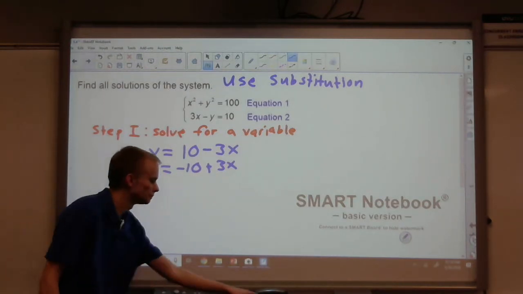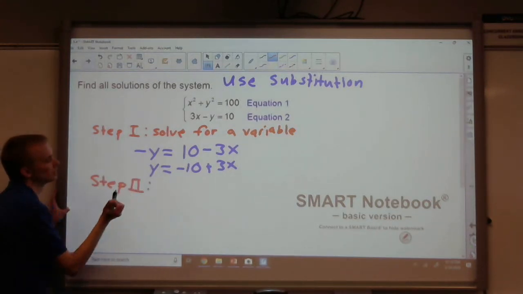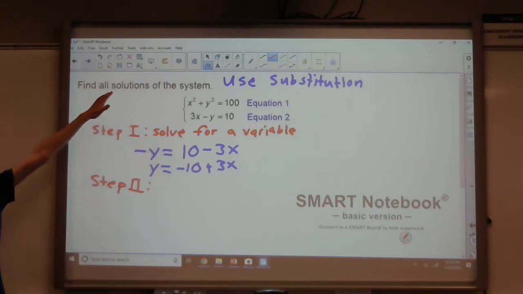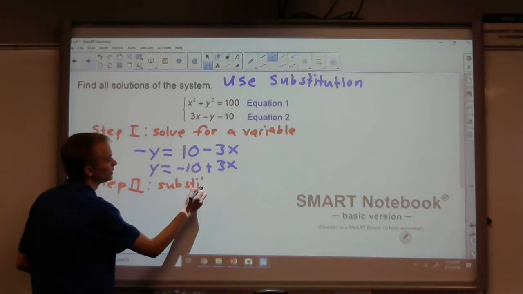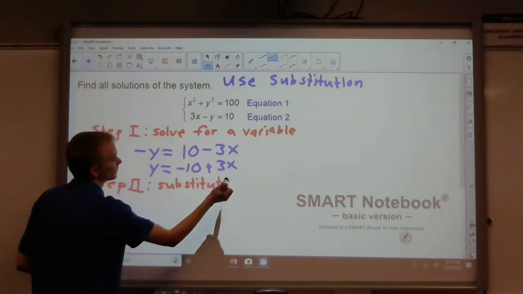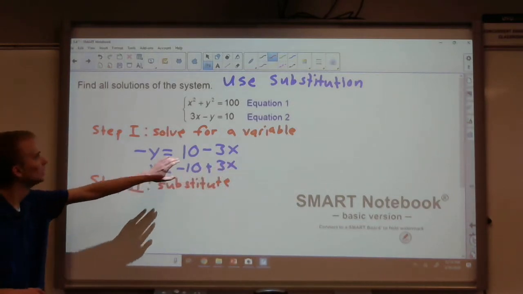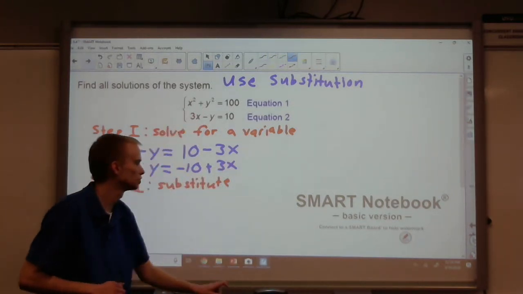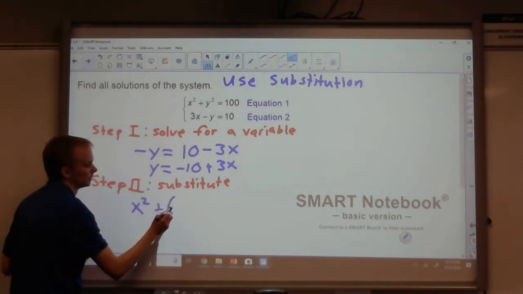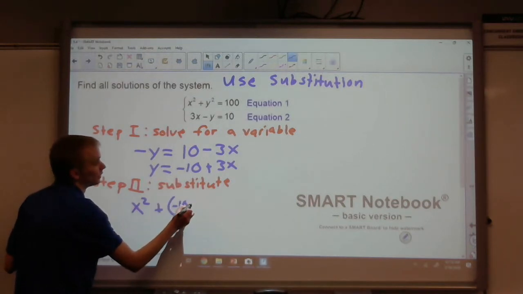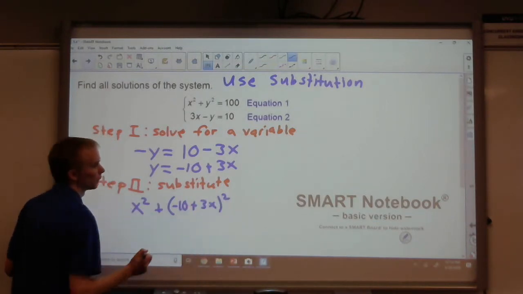Then what I'm going to do, step 2 was to plug that equation into the other equation. I'm just going to substitute in this equation here for y in the other equation. So I've got x squared plus negative 10, or sorry, negative 10 plus 3x, squared, okay?